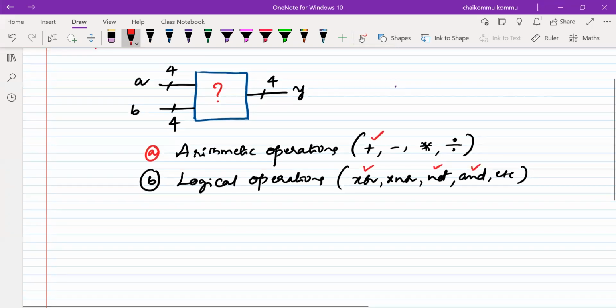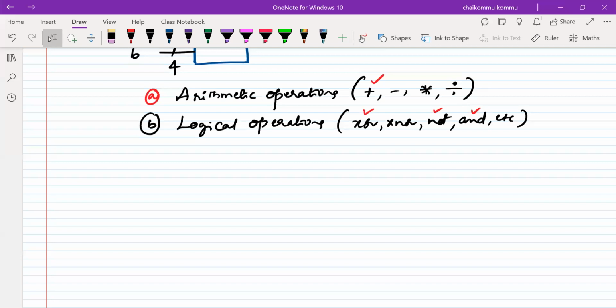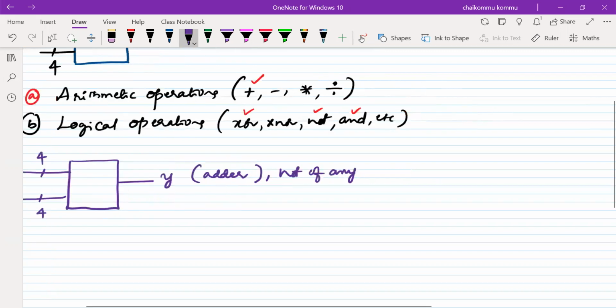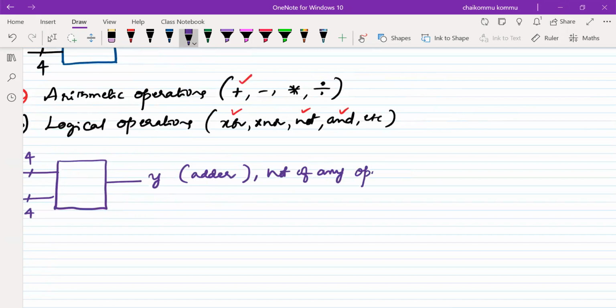It means the ALU has to perform on the 4-bit data of A and B: sometimes it must act as an adder, so Y can be used as an adder, for example. Other times, it has to perform NOT of any operand. A and B are called operands.